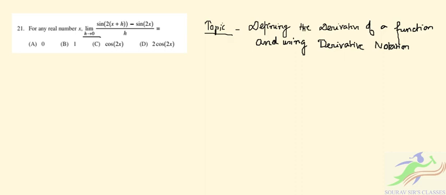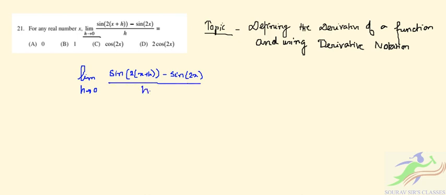The limit of this difference quotient is of the form you can see over here. Let's write the expression: the limit as h tends to 0 of sine of 2 times (x plus h) minus sine 2x, divided by h.